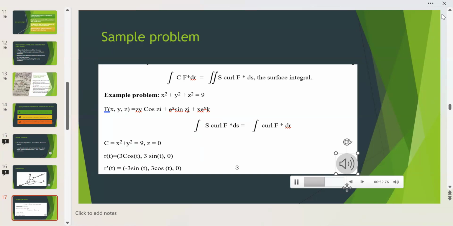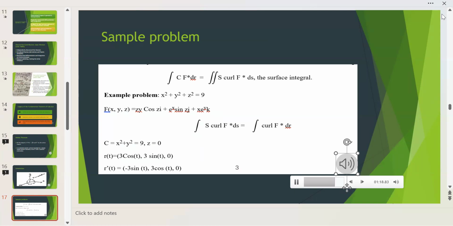And so if we take the function in this case and our original problem, we end up with r of t being 3 cosine t, the next term would be 3 sine t, and the value of z is 0.